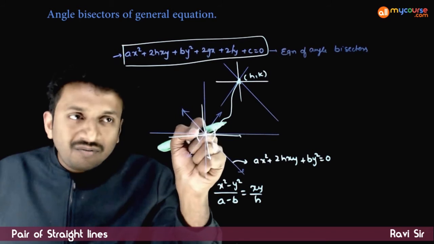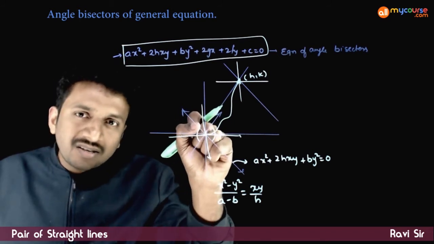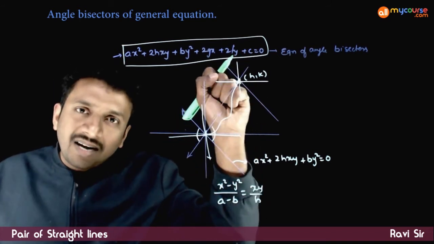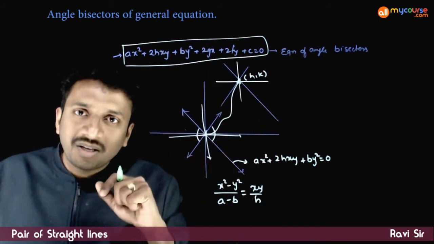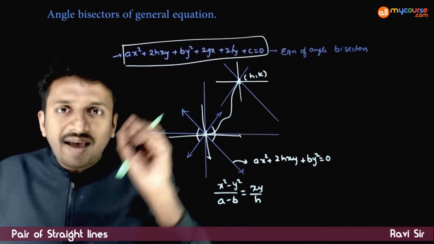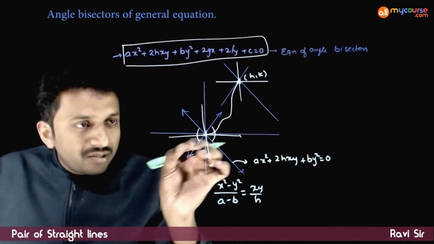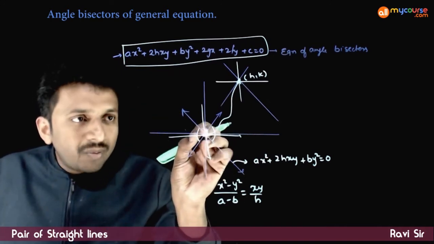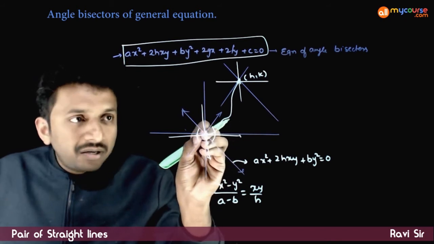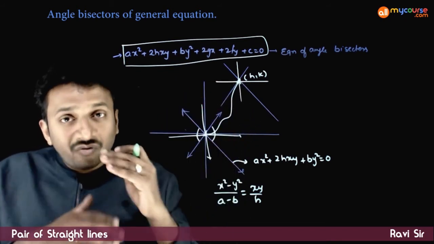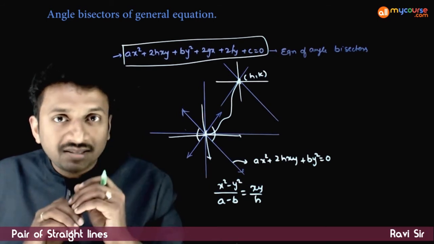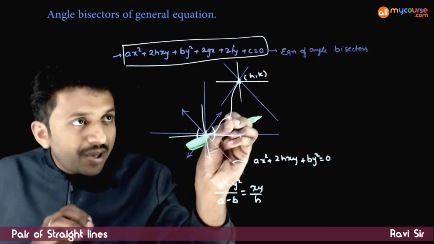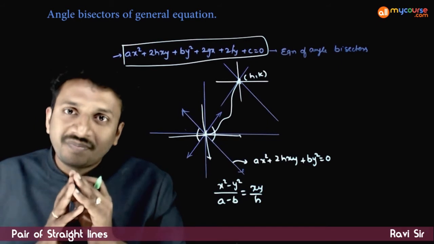So if we just, without changing the direction, take these lines and put them here so that the origin becomes this point h comma k, those lines will be the angle bisectors. So you're talking about the curve shifting to the point h comma k without changing the direction. I'm not changing the direction of the lines, I'm just taking this parallelly and putting it here.